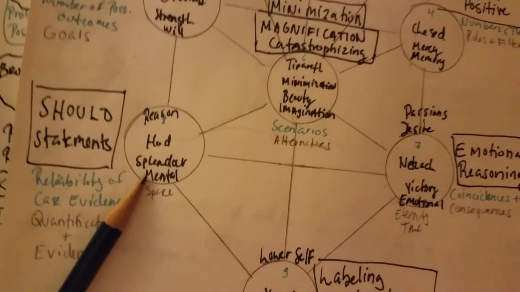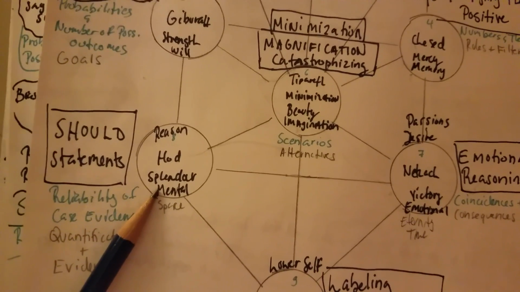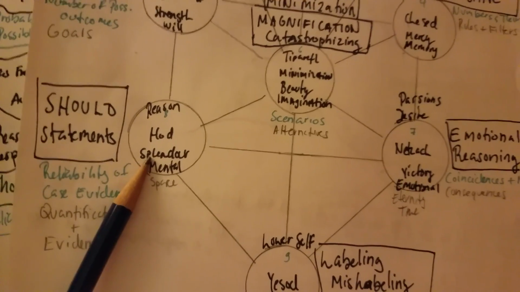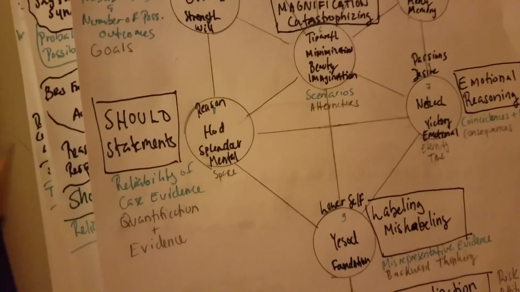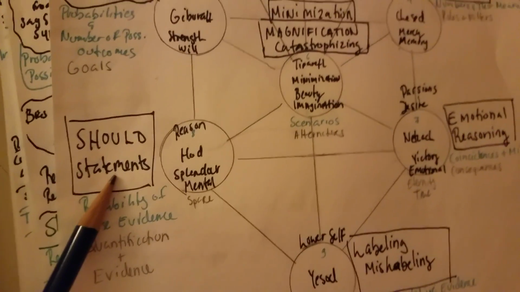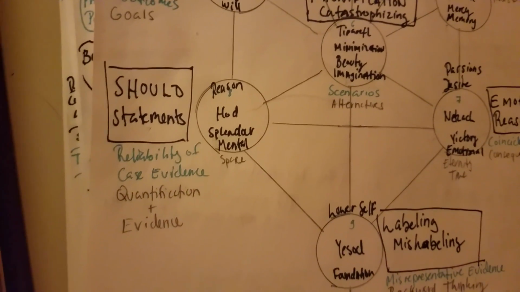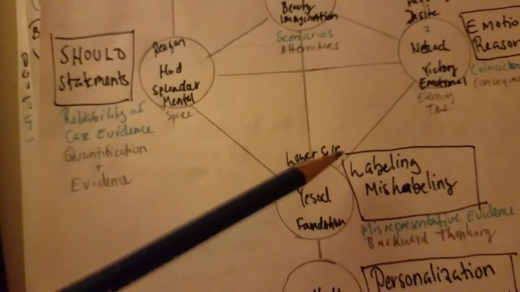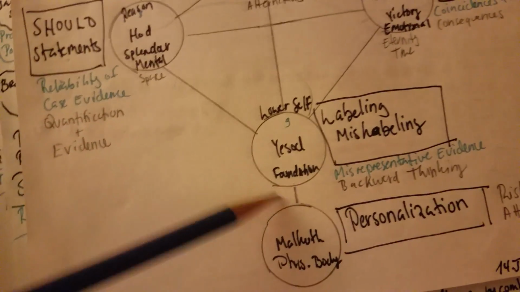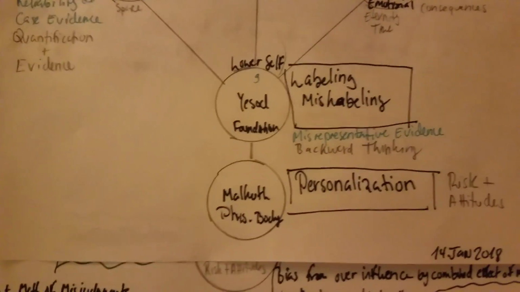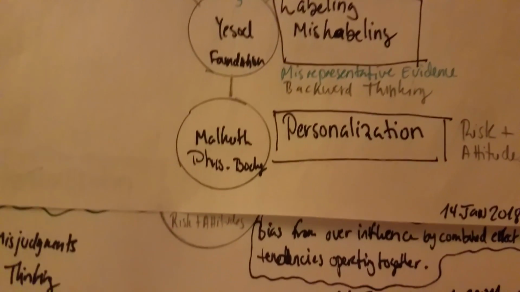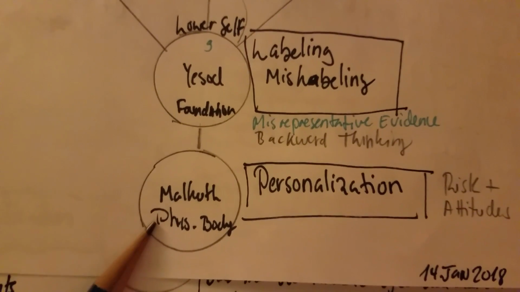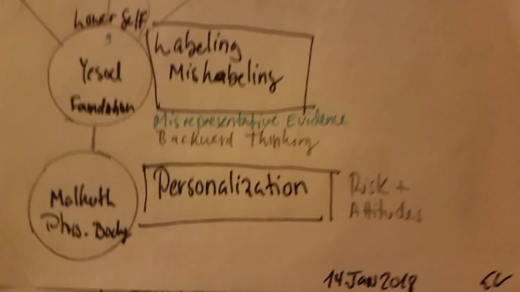This one here corresponds to the logical consciousness, or reasoning, or the intellect, or Hod in the Kabbalistic tree, which I immediately correspond with should statements. Shoulda, woulda, coulda. Okay? And then down here, labeling, mislabeling. Yesod is the foundation of the physical realm. And then you've got personalization, or Malkuth, which corresponds to earth, or physical reality, or the physical body.